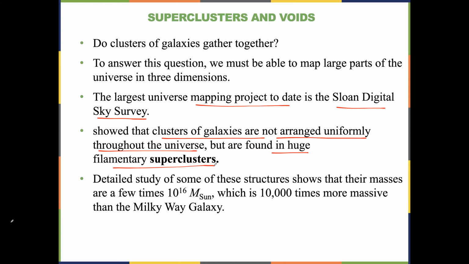Basically, superclusters are when you see a large number of galaxy clusters collected in a certain place. Details of some of these structures show that their masses are very huge, sometimes 10,000 times more massive than the Milky Way galaxy itself. And you can think about the size of these structures.